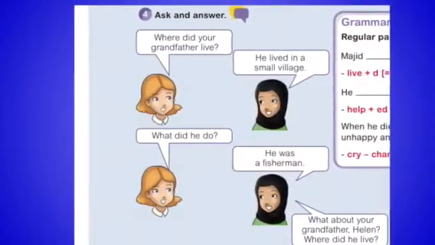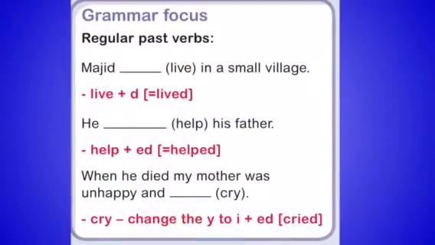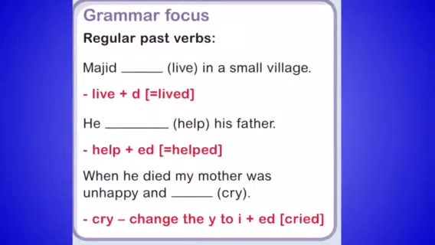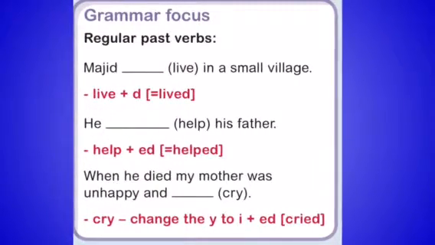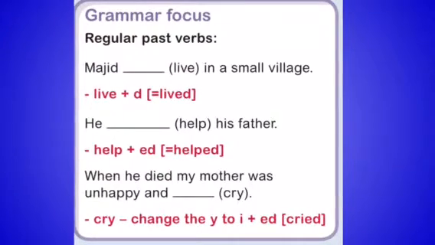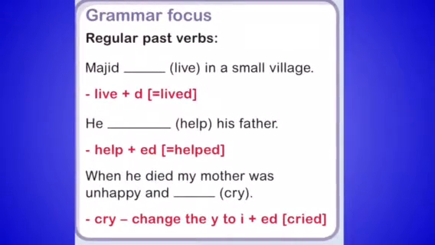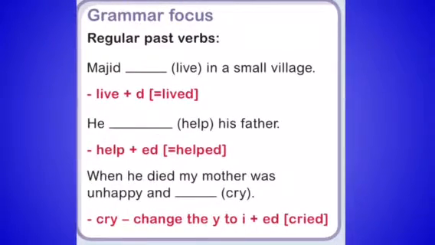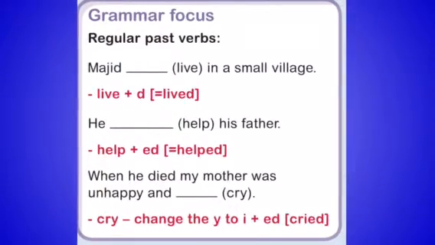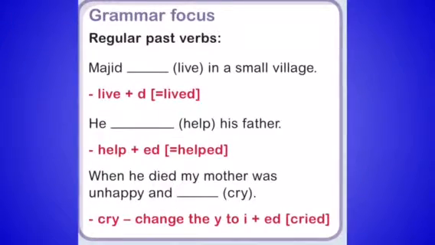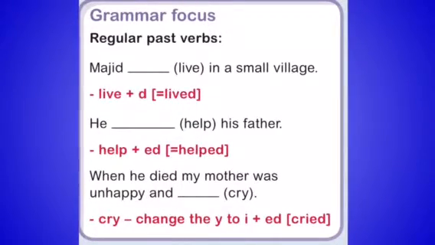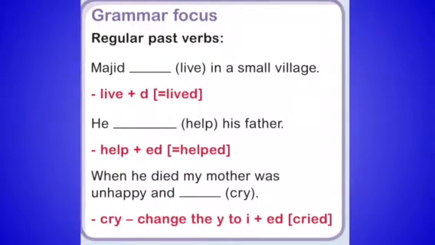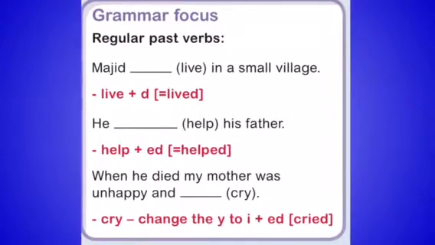Where did he live? Regular past verbs are verbs that happened in the past. Normally they take the ed at the end, except for two exceptions. If the verb ends with an e, we add only d. If the verb ends with a y and before it is a consonant like r, like the word cry, we change the y into i and add ed. Okay, so I'm going to read. Majid lived in a small village.